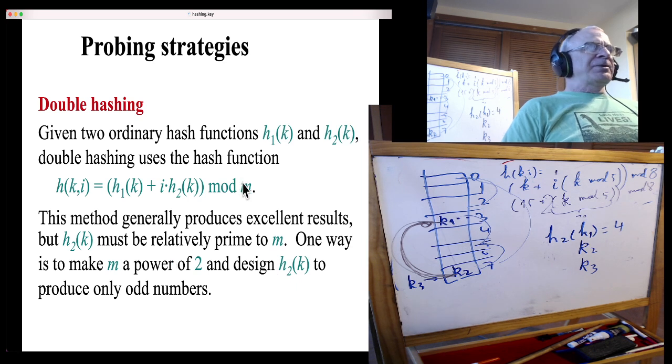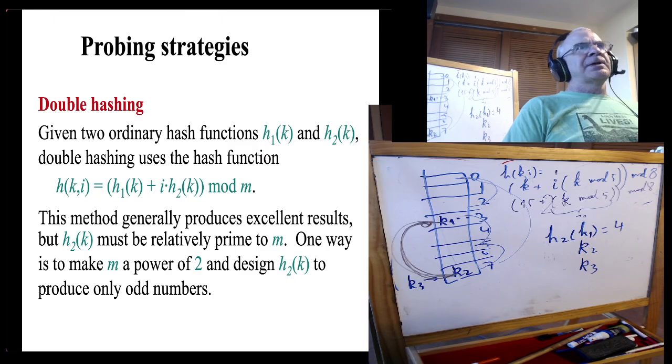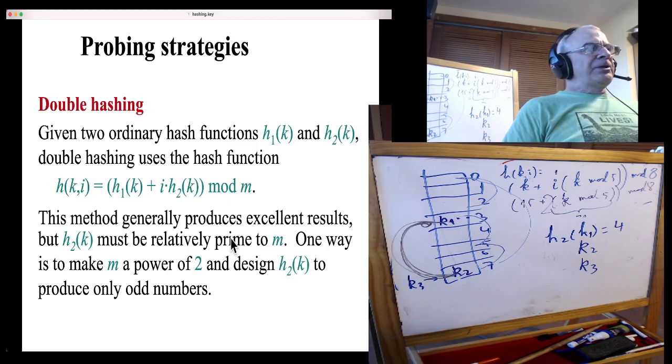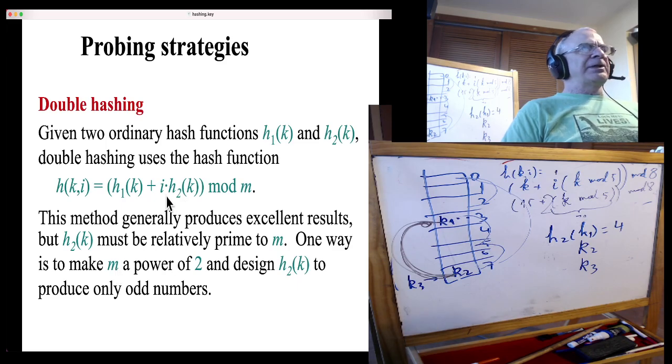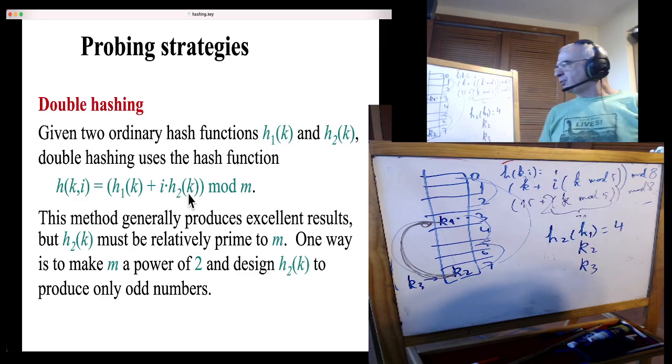If you want m to be a power of 2, and we discussed all the advantages that come when m is a power of 2, then you make h2 return any odd number.